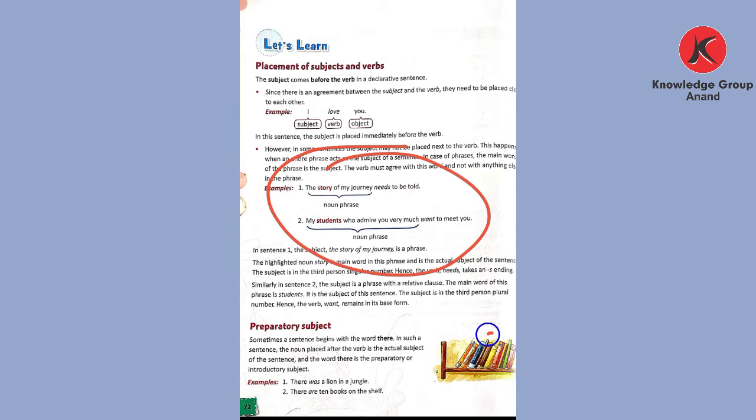Now in the first sentence, the story of my journey is a phrase. The highlighted noun story is the main word in the phrase and is the actual subject of the sentence. Which are the highlighted words? See, the story and the students are the highlighted words in the sentences.